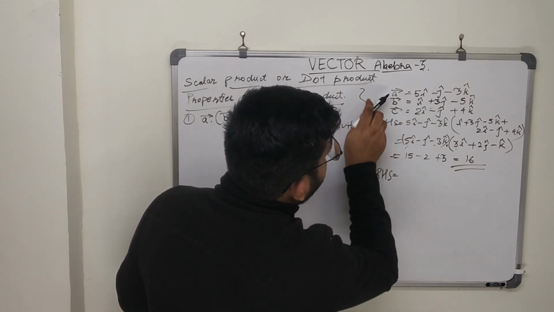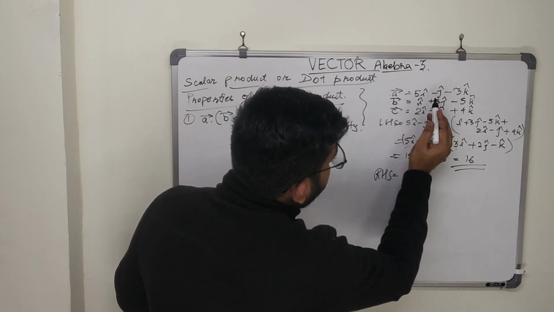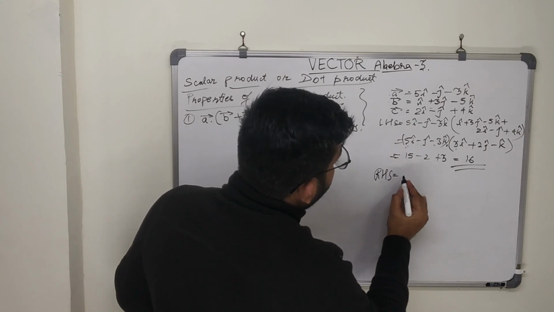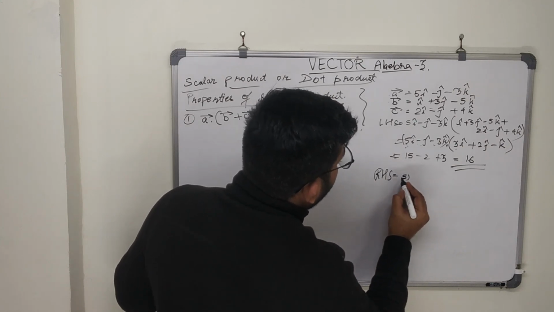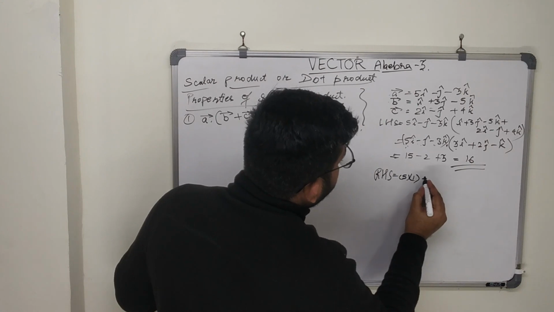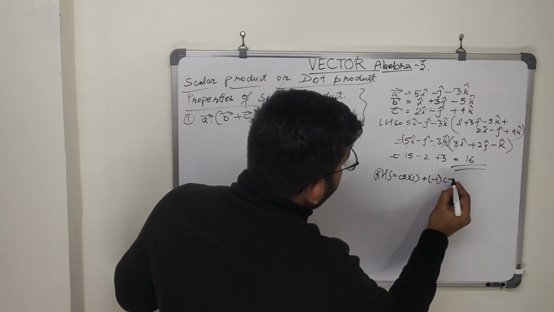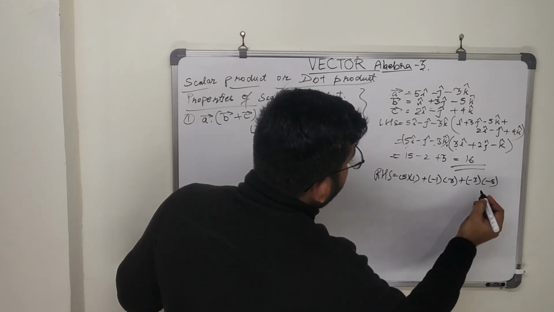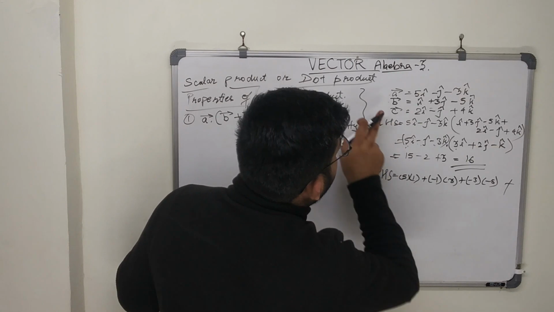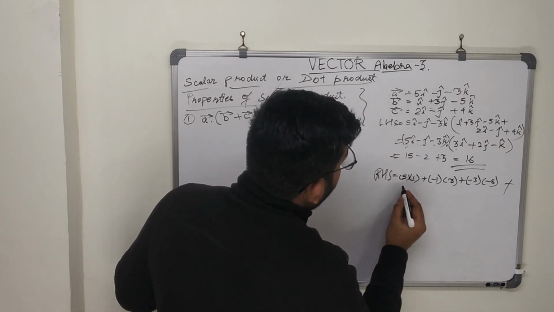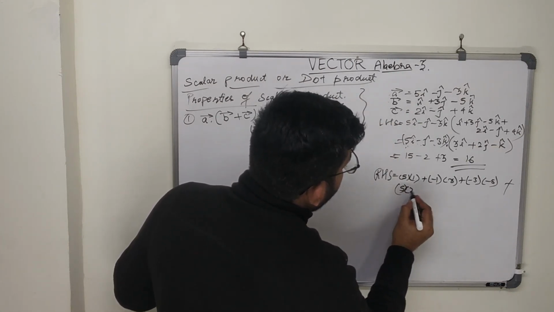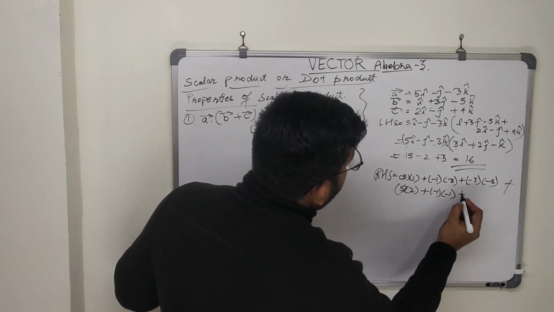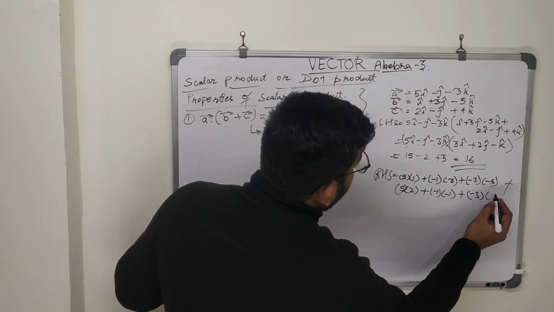This is equal to A vector dot B vector, that is 5 into 1 plus minus 1 into 3 plus minus 3 into minus 5, plus A vector dot C vector, that is 5 into 2 plus minus 1 into minus 1 plus minus 3 into 4.